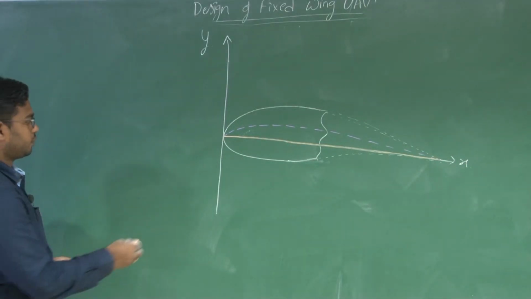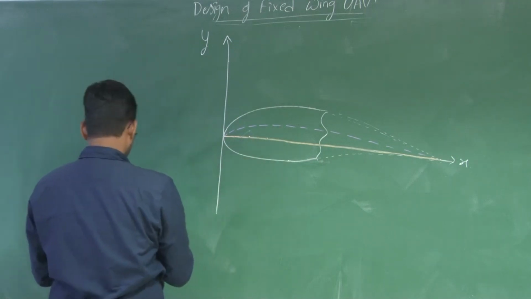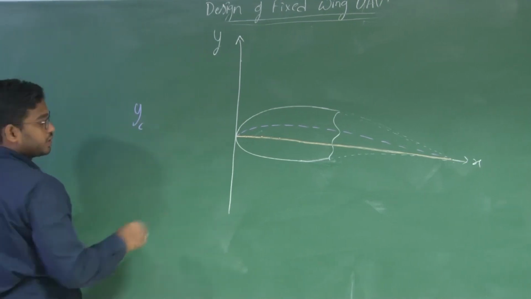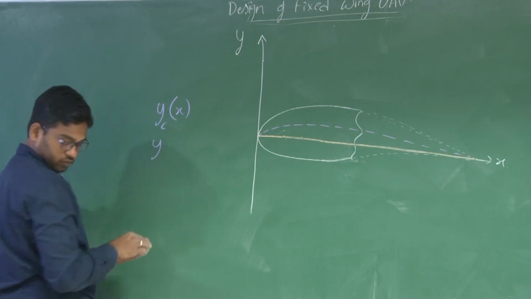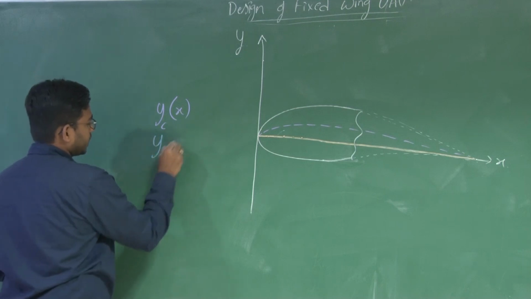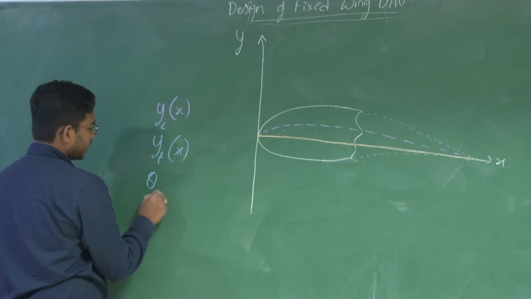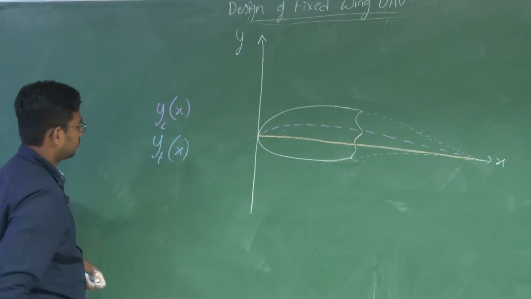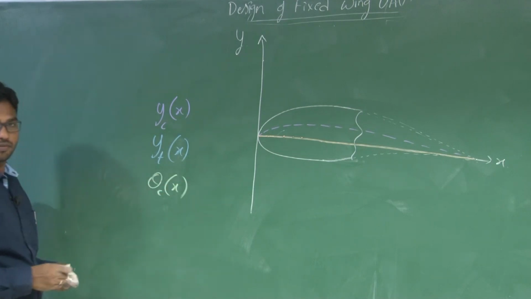Now for different locations of the chord, what I require is: what will be my y of the camber line at that corresponding x, y of thickness at that corresponding x, and theta of the camber line at that x.